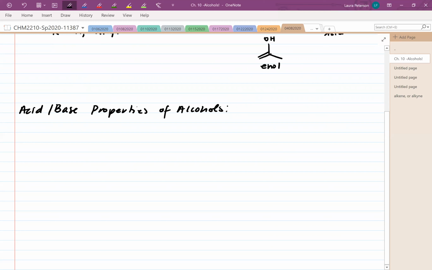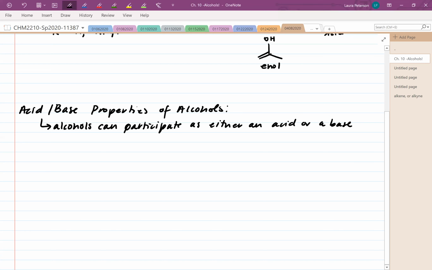Well, it could be either, right? It's very much dependent on what you're mixing it with. So alcohols can participate as either an acid or a base. It will depend on what else is present in our reaction.